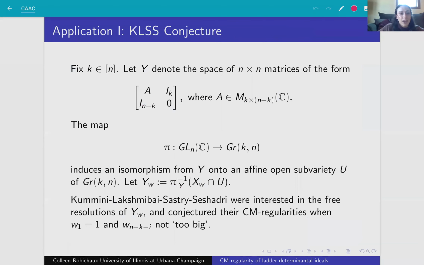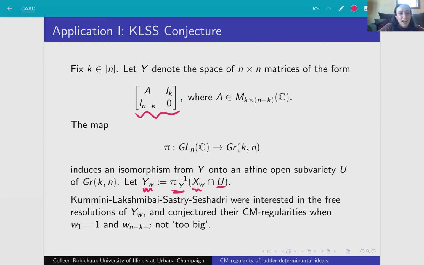Right? And we can apply this theorem in a couple of different ways. In 2015, Kummini, Lakshmibai, Sastry, and Seshadri were writing down certain free resolutions of a particular variety, which they built by taking a Grassmannian Schubert variety, intersecting it with the opposite big cell, and then looking at the restriction of the fiber in this space of matrices that have this particular block form.